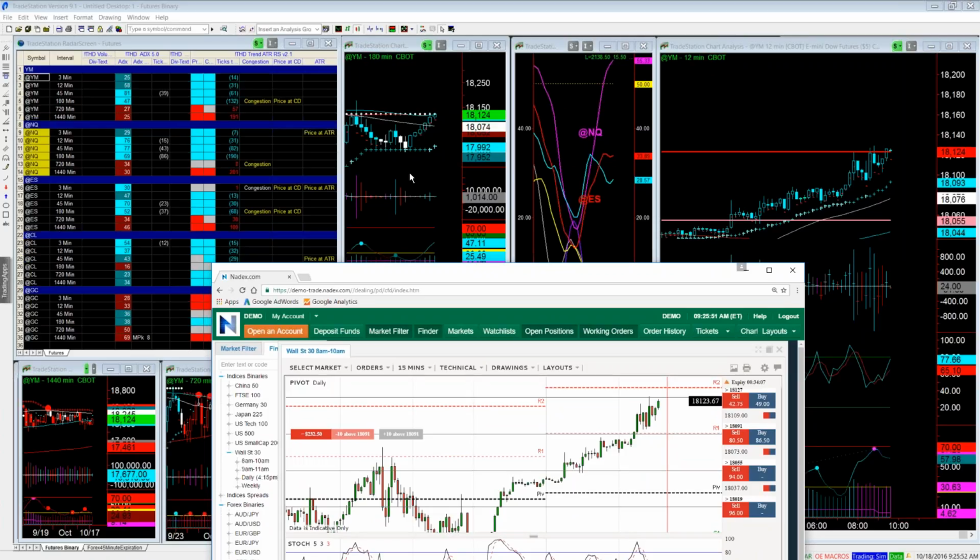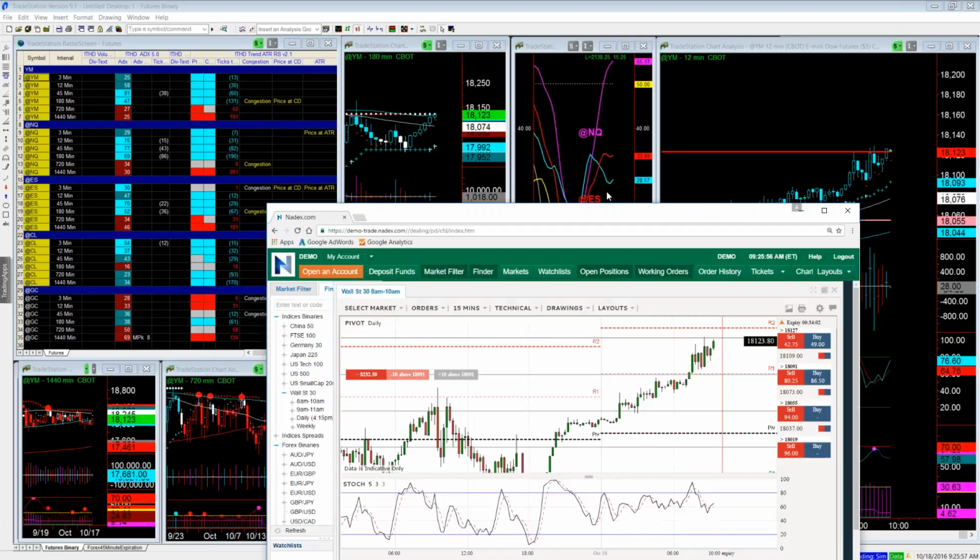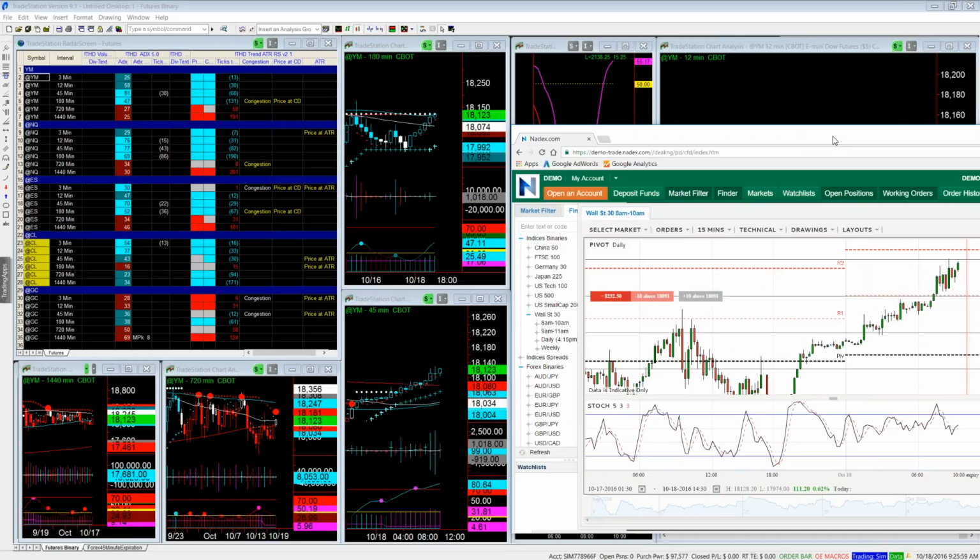I'm really not seeing a lot of volume on that 180 to break through that congestion dot, but we'll have to wait and see.